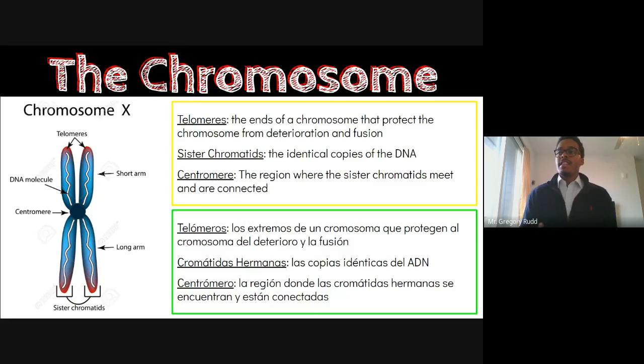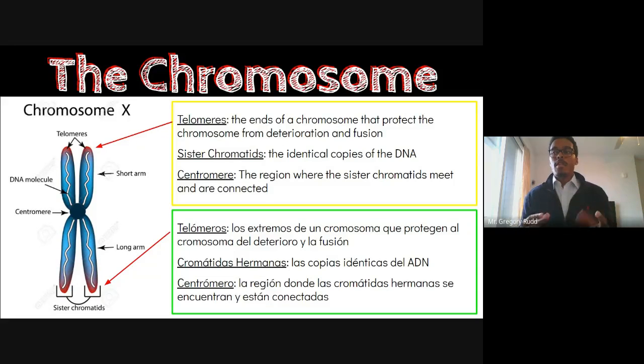At the end of each chromosome, either at the very top of the chromosome or at the bottom, we've got a region called a telomere, which is there to protect the chromosome from deterioration. So there are your telomeres. They're highlighted in red there.